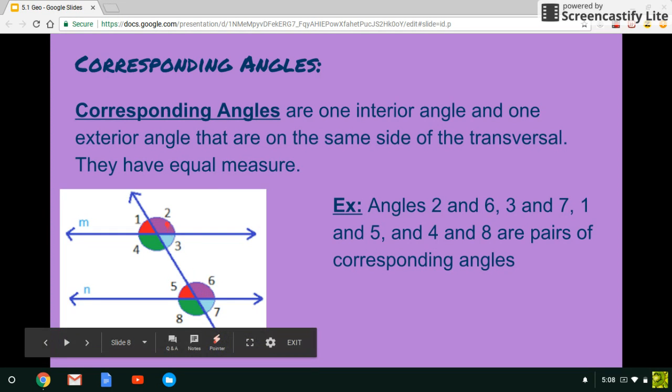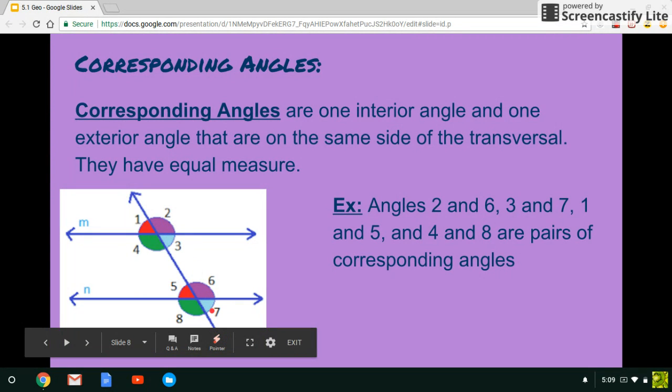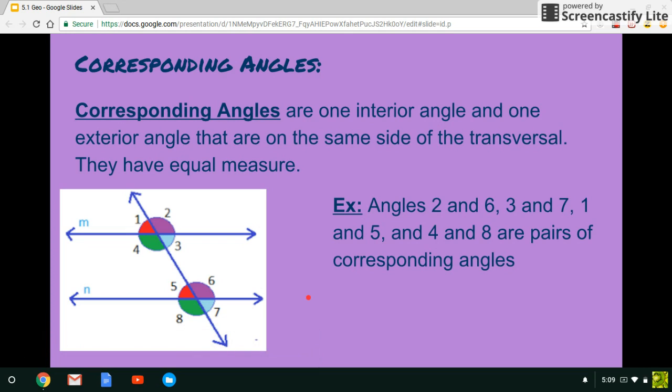So 6 is interior, 2 is exterior, and they're on the same side of the transversal, and they have equal measure. So angle 3 and angle 7 are also corresponding angles, the blue ones. Angle 1 and angle 5 are corresponding, and angle 4 and angle 8, the green ones, are also corresponding. So that's corresponding angles.